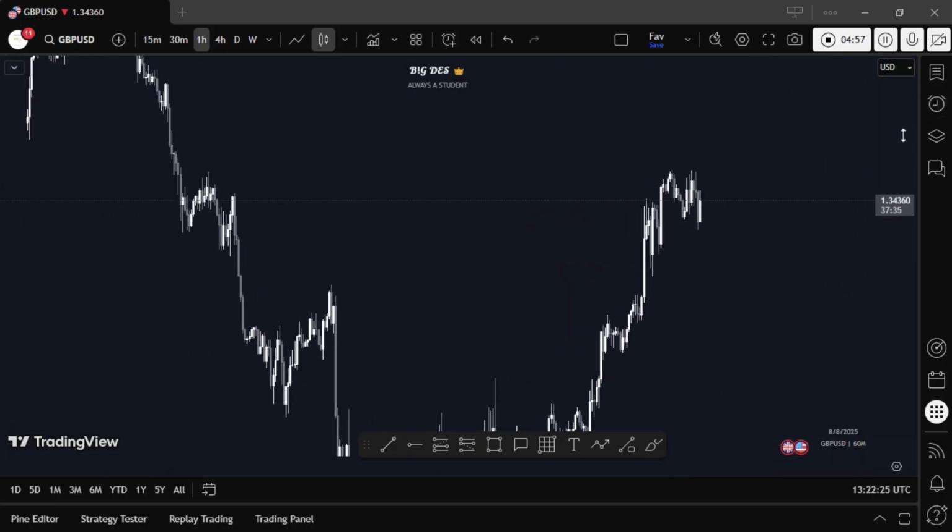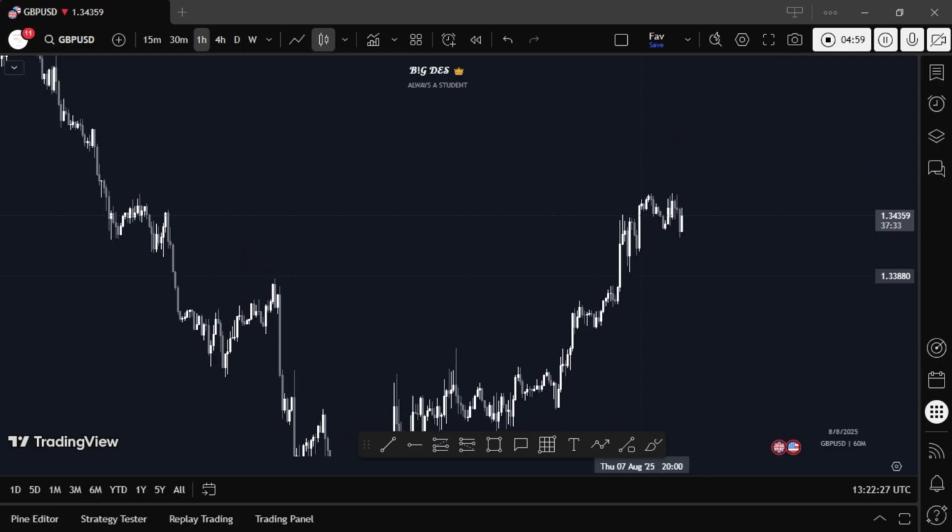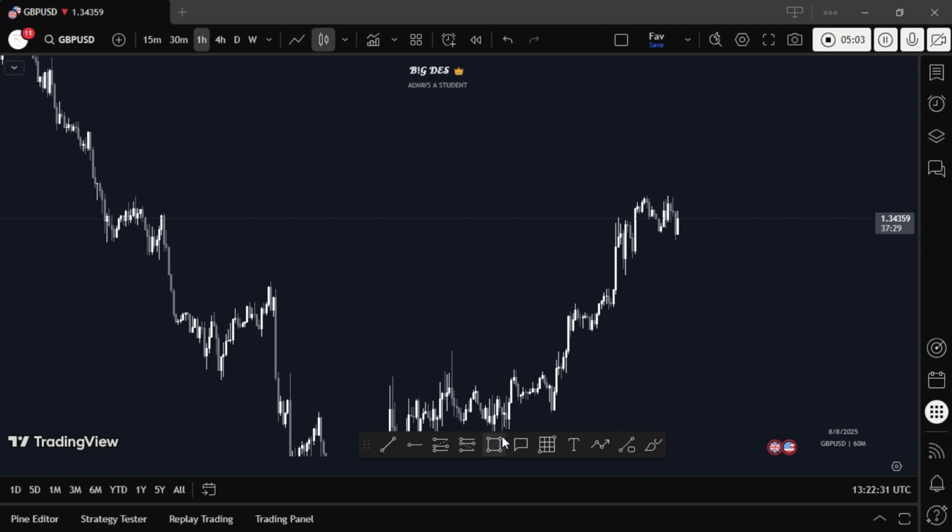So looking for buys, we've had our Asian low being taken. On the 1 hour time frame, you could see that Asia's low was grabbed. So we want to see a break of structure here.